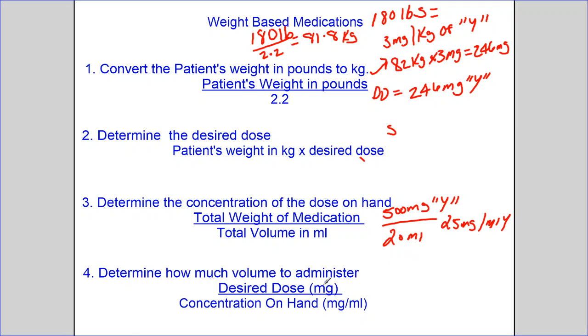Okay, and now we need to determine how much volume to be administered. Not a problem. Desired dose is 246 milligrams. Our concentration on hand is 25 milligrams per milliliter.